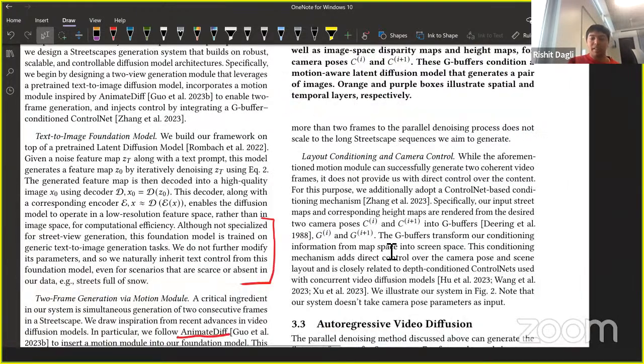That's how they incorporate all of this conditioning from both the inputs that you get.